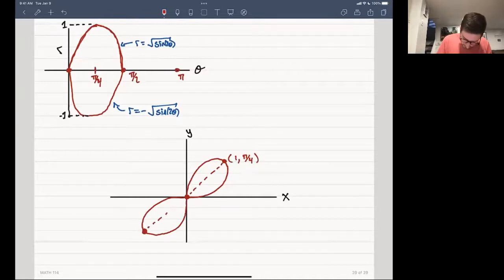And again, this thing has its greatest extent from the origin at pi over 4 as well, right? And this comes from the fact that you're negating all of the theta values between 0 and pi over 2. So you can get that bottom curve just by using symmetries.